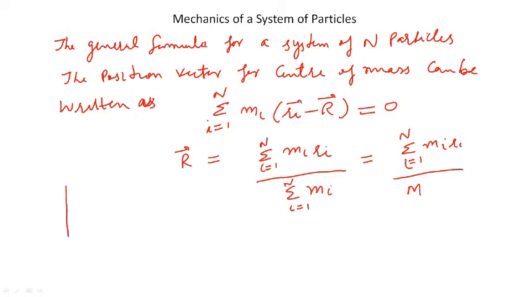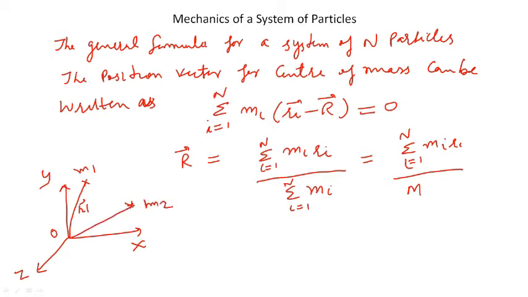For a system of two particles, we can write the position vector for the center of mass. Let us say it is mass m1 and its position from the origin of the coordinate system is r1, and there is the other mass m2. Its position from the origin is r2.